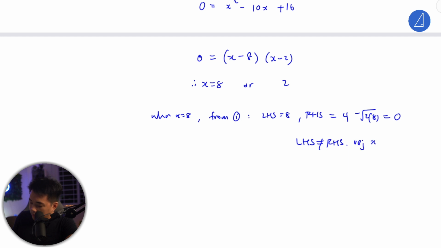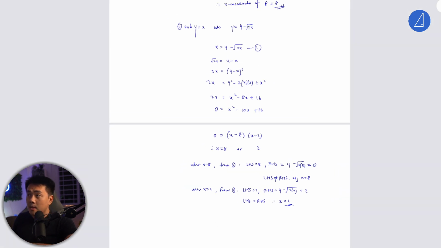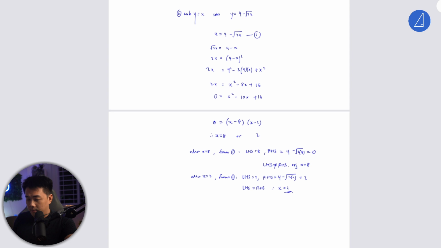So reject x equals 8. When x equals 2, from 1, left hand side is 2. Right hand side is 4 minus root 2 times 2, which is actually 2. So left hand side equals right hand side, so x equals 2. That's that. So the coordinates of Q are (2, 2).